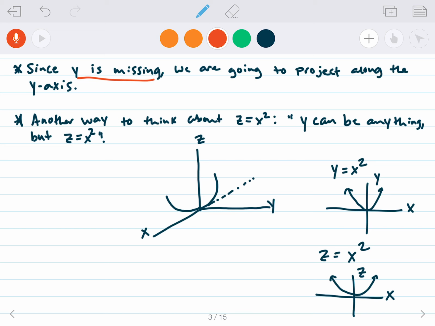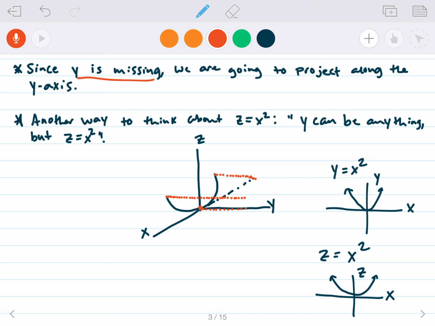And so what that means is that we're going to draw parallel lines from our parabola projecting along the y-axis, so parallel to the y-axis. Just going to pick random points on this parabola. Maybe we'll do the vertex as well.